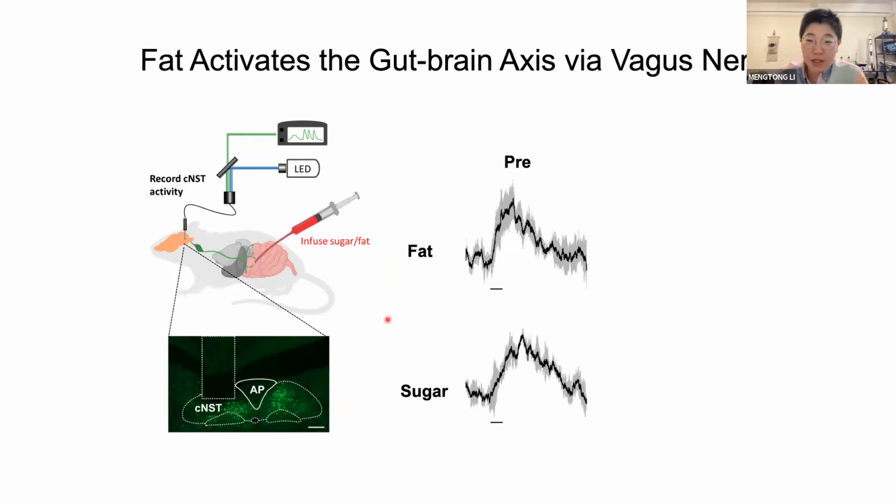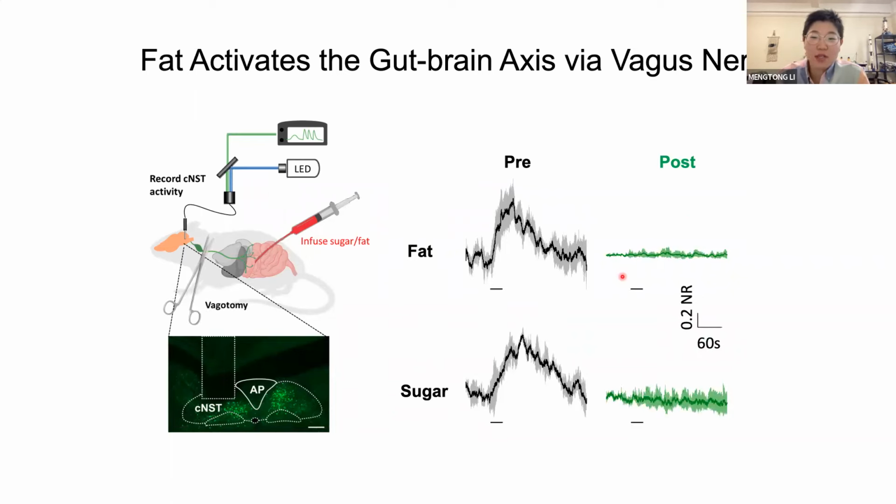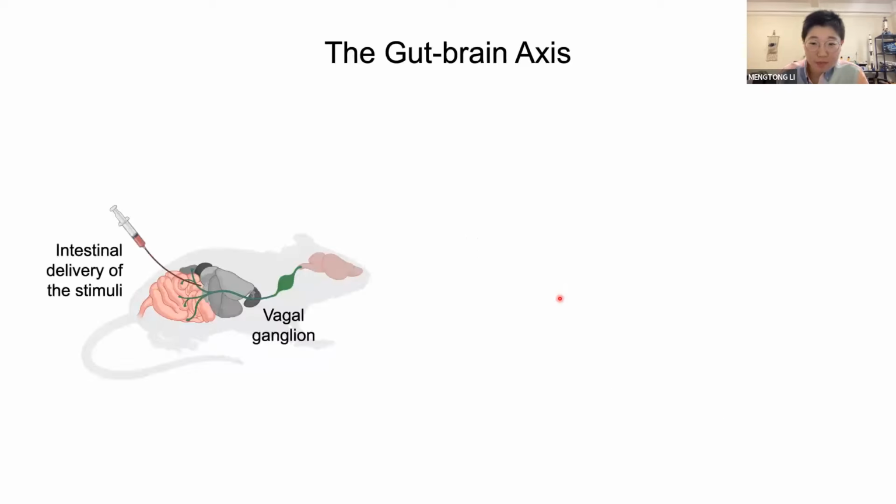We found that the CNST neurons are activated not only by direct infusion of sugar, but also by fat. After bilateral transection of the vagus nerve, these responses were completely abolished, suggesting that the vagus nerve is required for transmitting the fat signal from the gut to the brain.